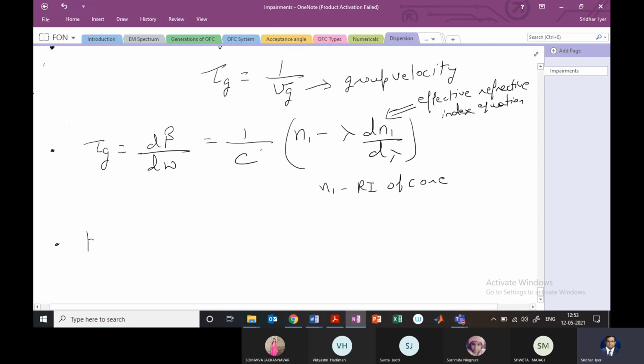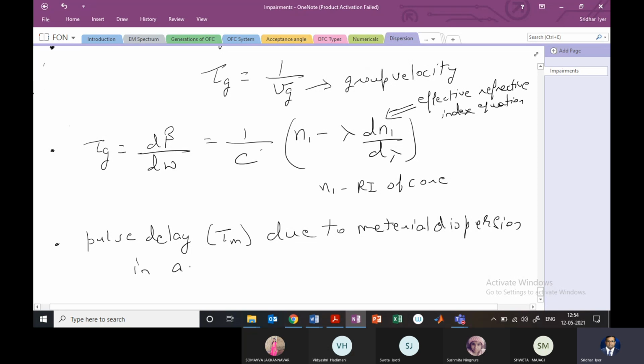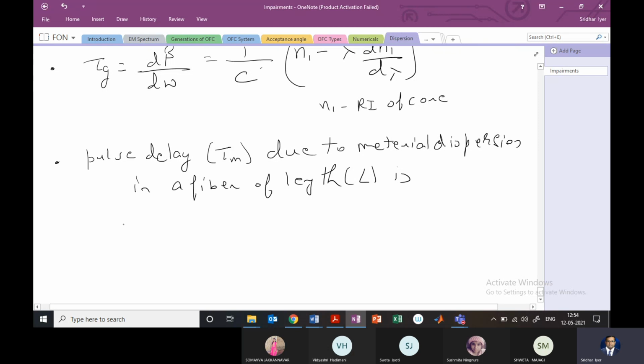The next point, the pulse delay, and let us name this tau m, due to material dispersion in a fiber of length L. I want to calculate this tau m, so this will be L by c, because if you remember when we were talking about the group delay, it was actually tau g by L, per unit length, right?